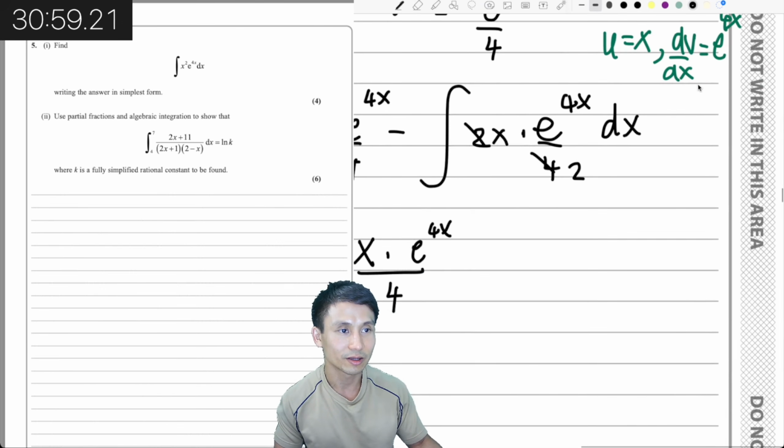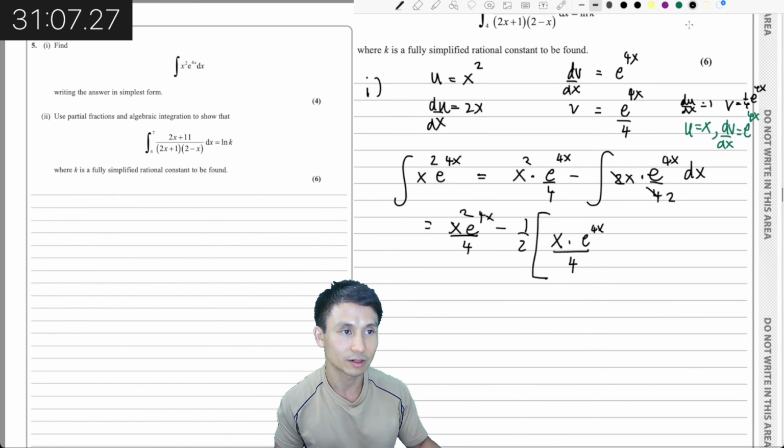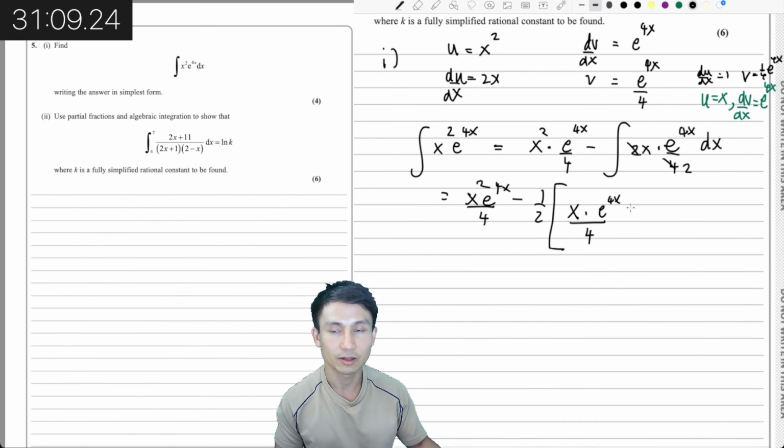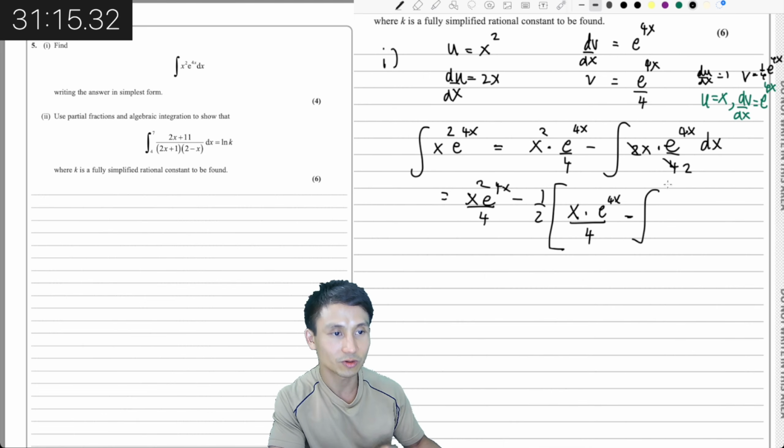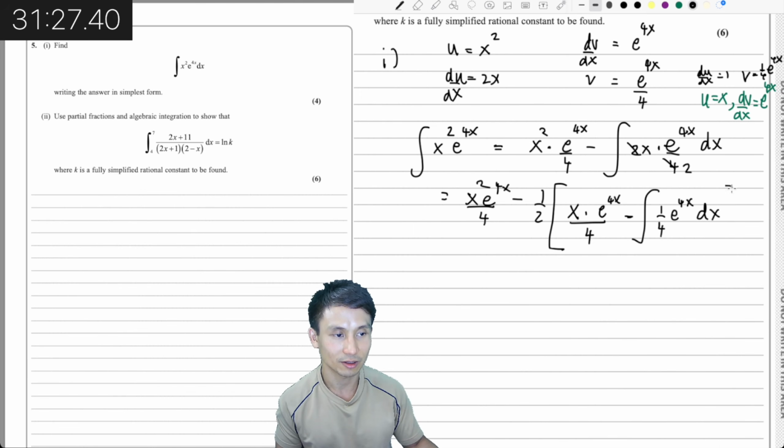Little v here is 1 over 4 e to the 4x, and du by dx is going to be 1. So again, this is a minus integral. So u will vanish to 1 now, but v is 1 over 4 e to the 4x, so we still need to integrate that bit.